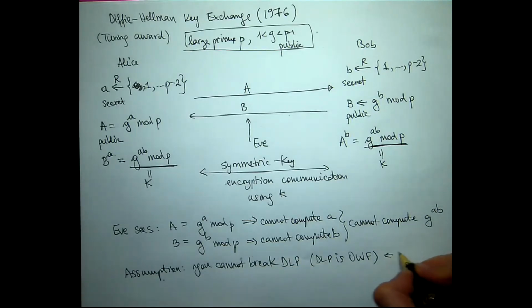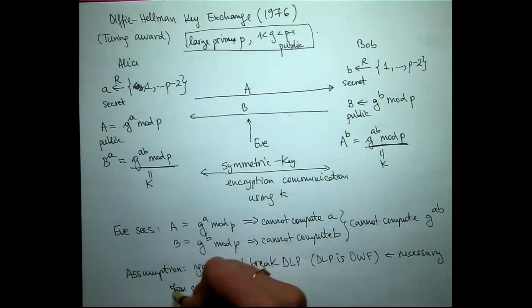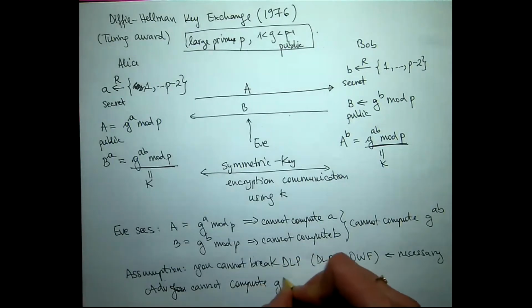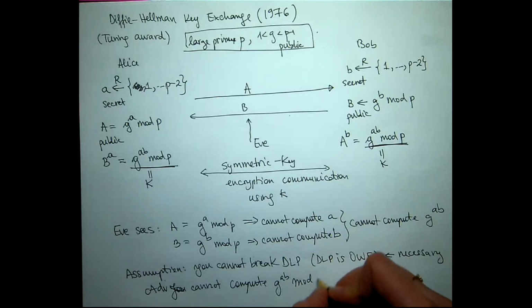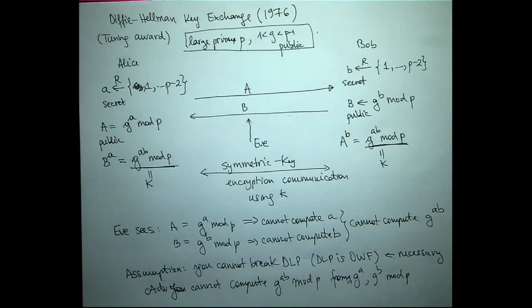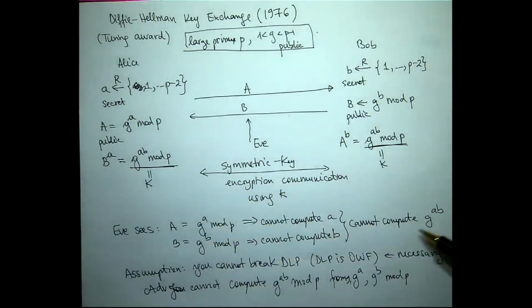This is definitely necessary, but it needs something a bit stronger, namely that an attacker cannot compute G to the AB modulo P from G to the A, G to the B modulo P, and also G. But you can see why the discrete logarithm problem must really hold here, because if it doesn't hold, then the attacker will compute a and b, and then they can compute G to the AB.